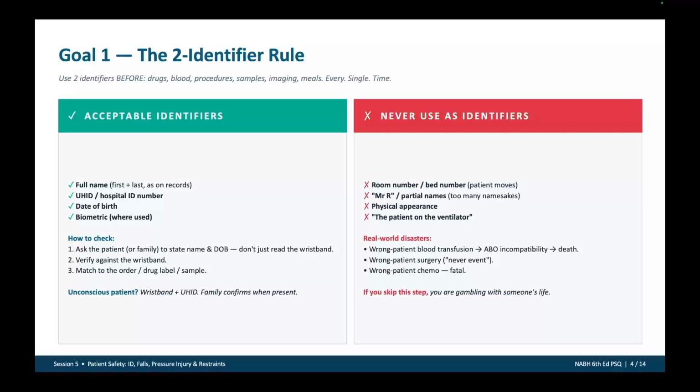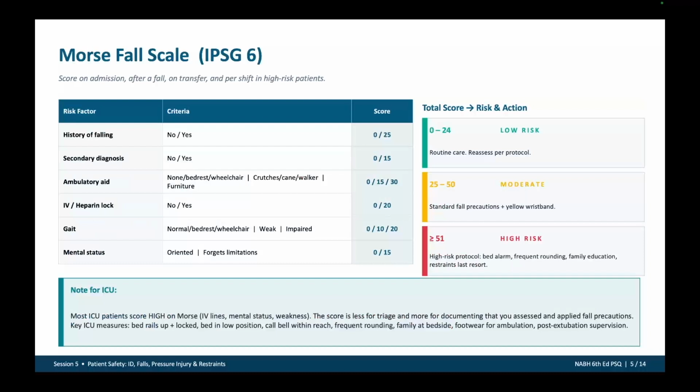Wrong patient surgery is a never event that should never happen anywhere. Wrong patient chemo can also result in fatal side effects. If you skip these steps, you are gambling with someone's life.